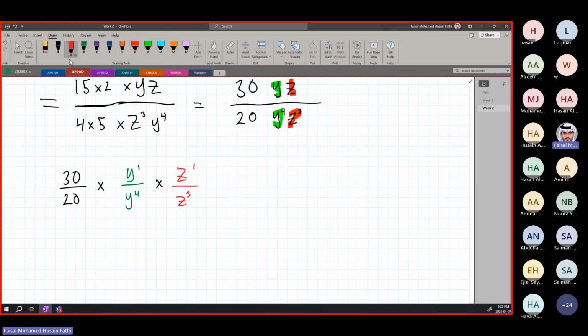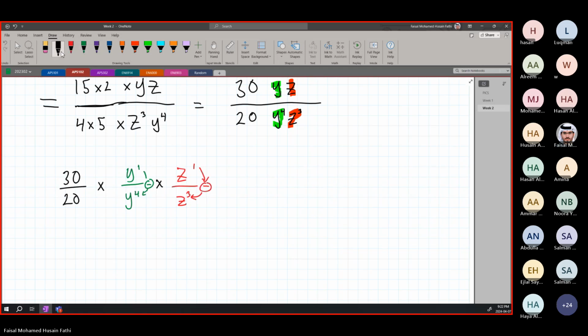We have division. What does division mean? It means we are going to do 1 minus, and we're going to do 1 minus.